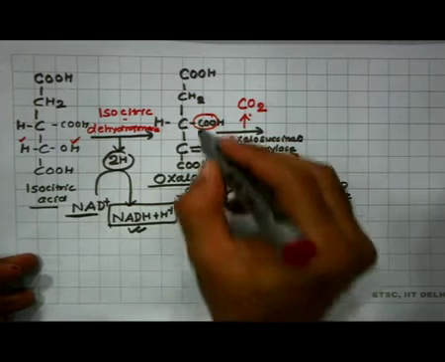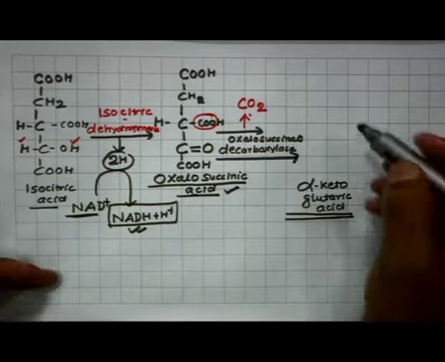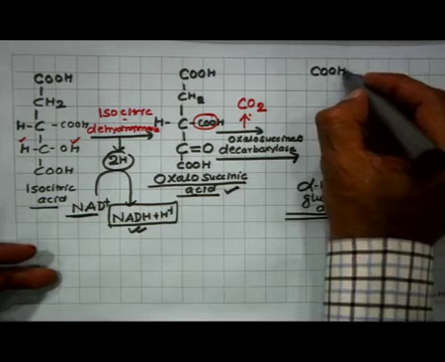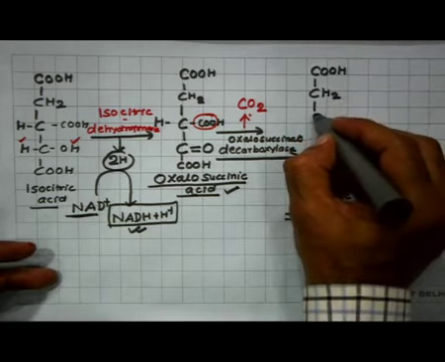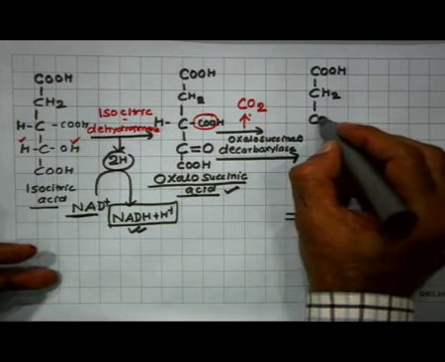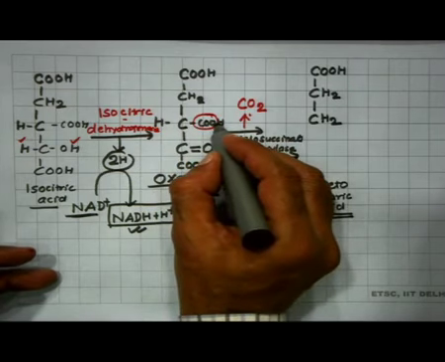So, we can easily write the formula of alpha ketoglutaric acid without any problem, that is COOH, CH2, and here CH2, after the removal of carbon dioxide, H and H are there.